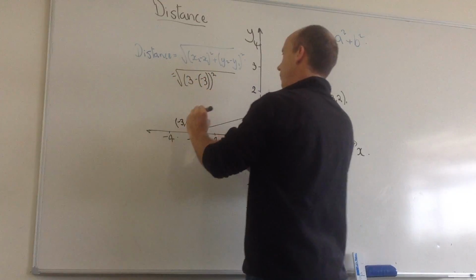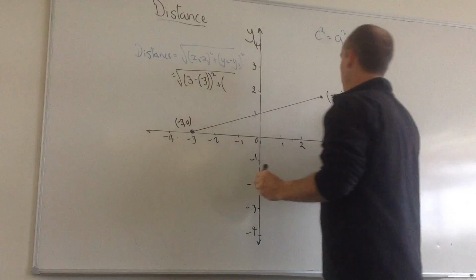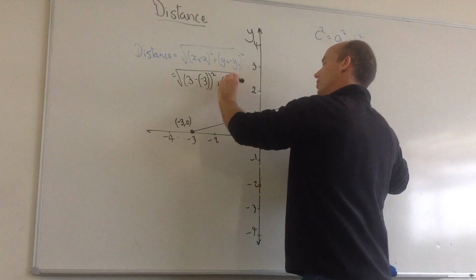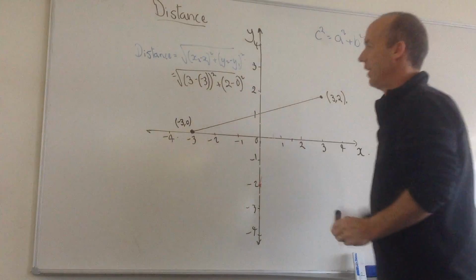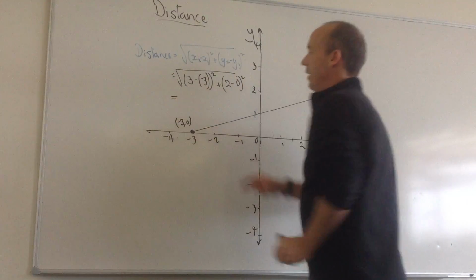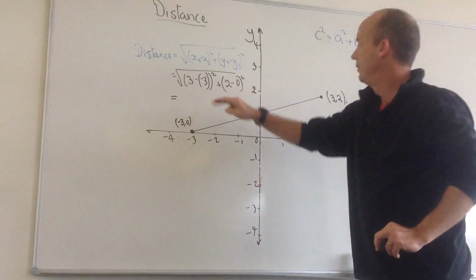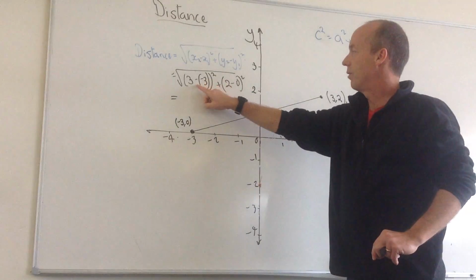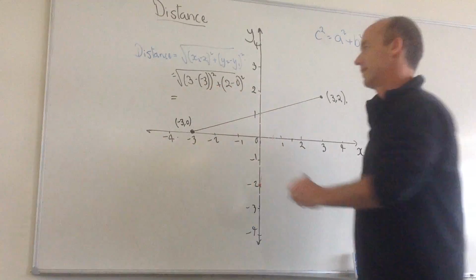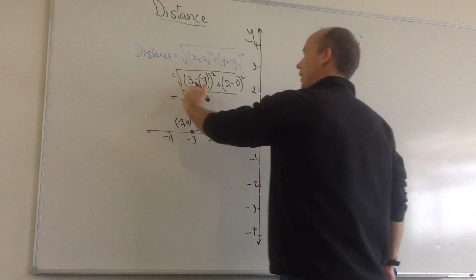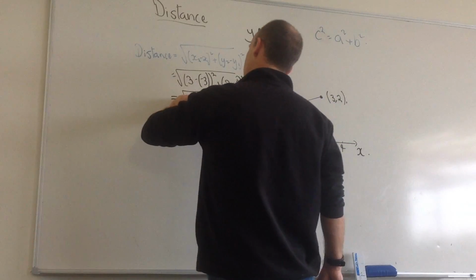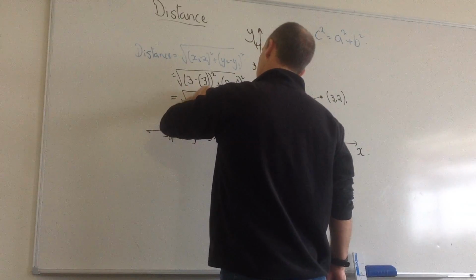Now I'm going to square that, plus y2 is 2 minus 0, and I'm going to square that. So we need to be a bit careful here because I've got minus a minus, which becomes a plus. So this is going to be 3 plus 3 is 6, 6 squared plus 2 squared.